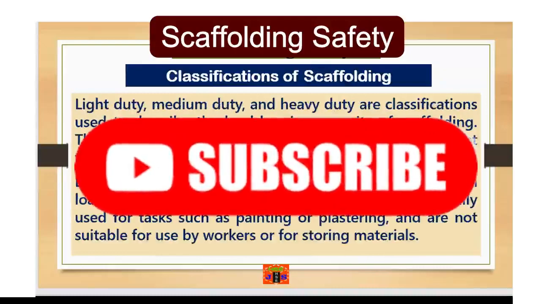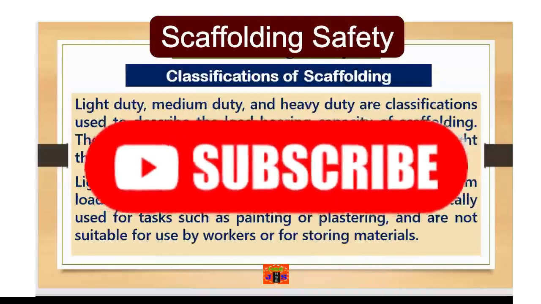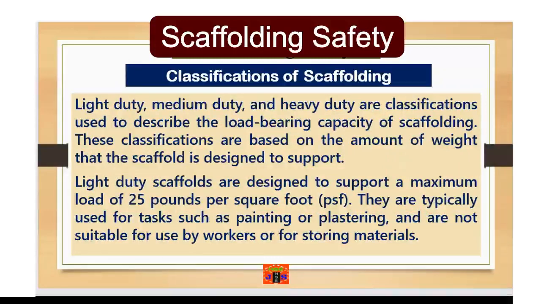Dear friends and fellows, let us discuss now the classifications of scaffolding. Usually, light duty, medium duty, and heavy duty are classifications used to describe the load bearing capacity of scaffolding.